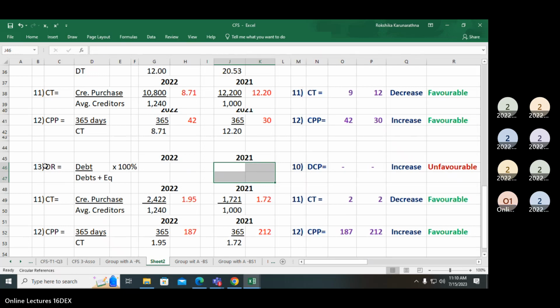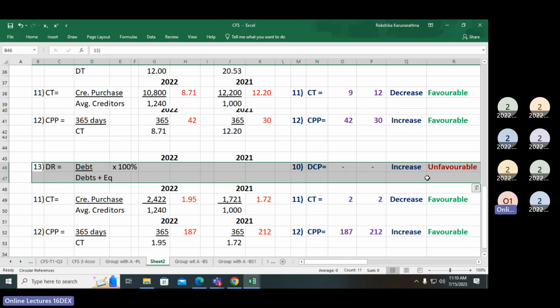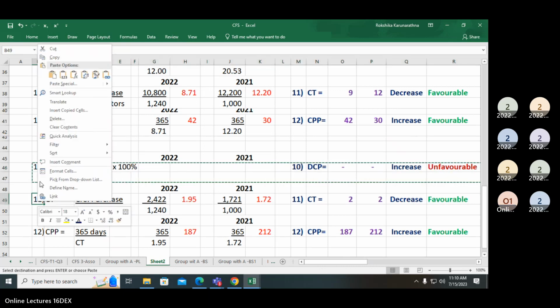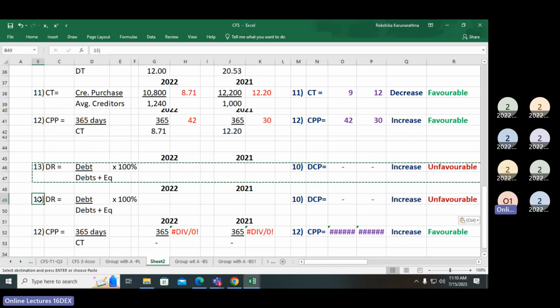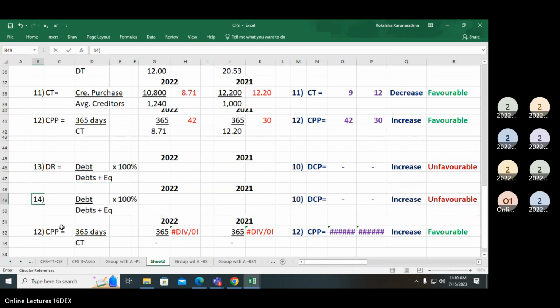The equity ratio is the same, number 14. Equity ratio: instead of debt, now you take equity divided by debt plus equity. So we have 13 and 14, this is the debt ratio and equity ratio.